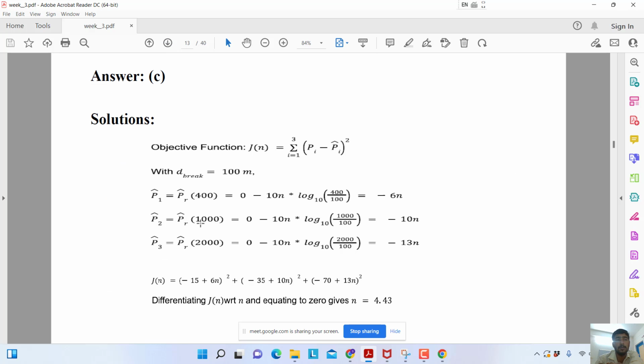Similarly, we calculated the PR for the 1000 meter. All is the same, d break is 100, and PR(d break) is 0. So it will become minus 10n. Similarly, we calculated for the 2000 meter. It comes to minus 13n. So we will put all these values into that function.